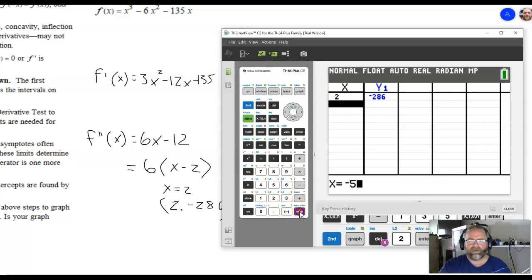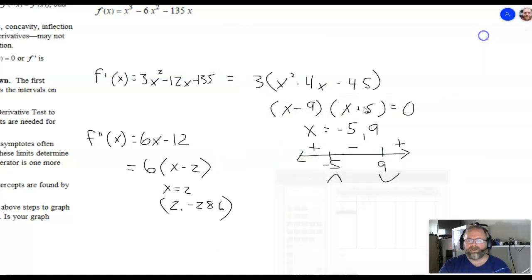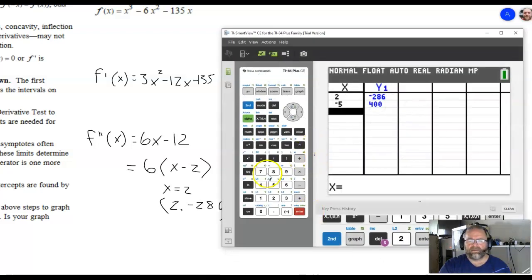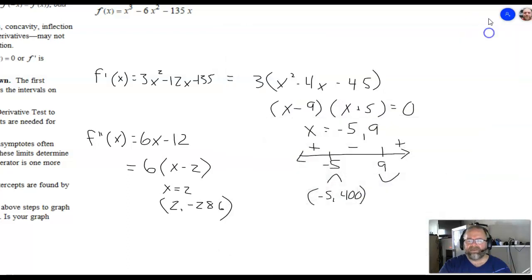That's at 400. So this point here is at negative 5, 400. And then 9, just plug in that 9 there. I get negative 972. So our local min is at 9, negative 972.